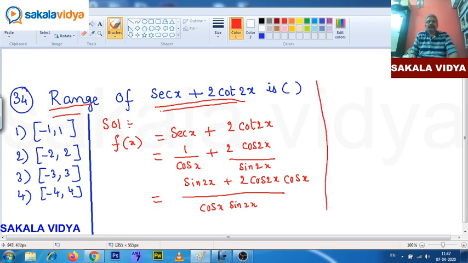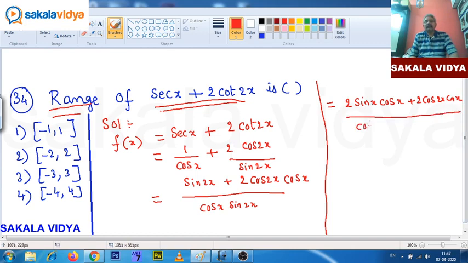Now, this we can write sin 2x is 2 sin x cos x, plus 2 cos 2x into cos x, by cos x into sin 2x. First, let us take cos x common.